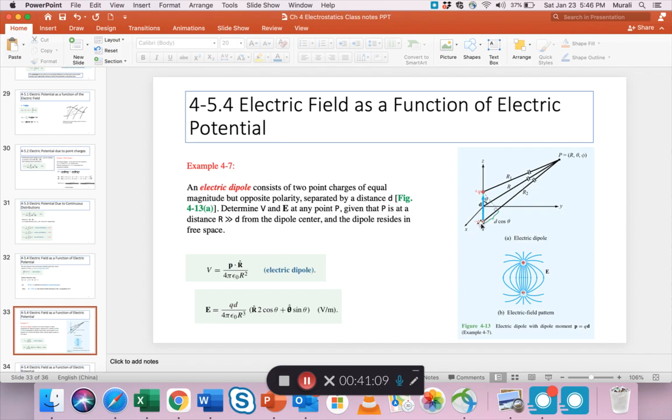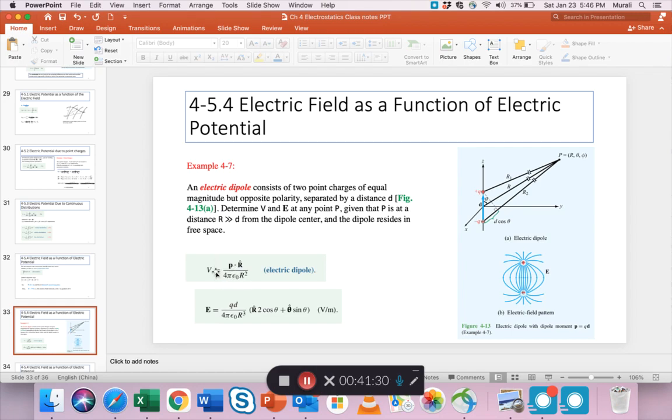Here are some angles, and then it comes out to be like this, where P is the vector from the origin, which is the center of the dipole, to the point of interest. R is a unit vector in the direction of R, and then you have the rest.